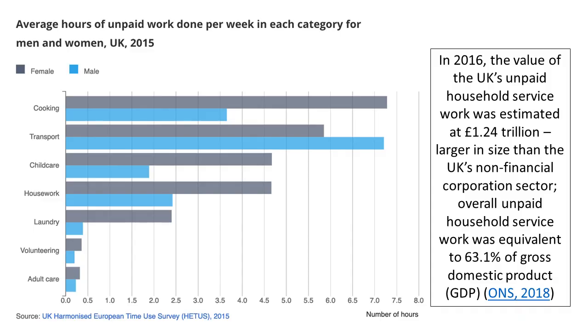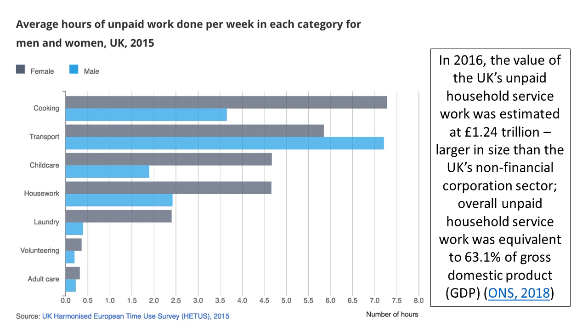So for instance, we can see from the slide that even within households and the household decisions and dynamics, men and women have a different division of labor in terms of reproductive labor tasks, in terms of cooking, transportation, housework, and so on. So we can also see the family division.